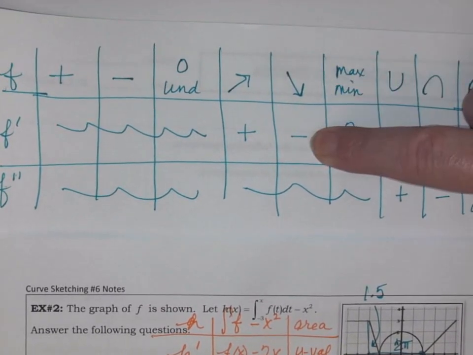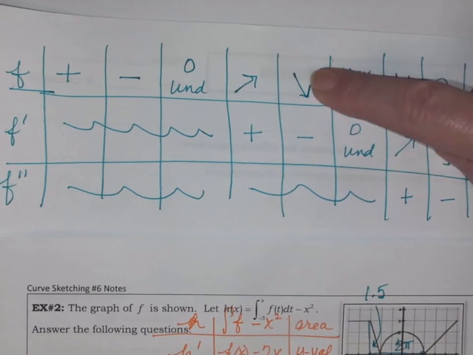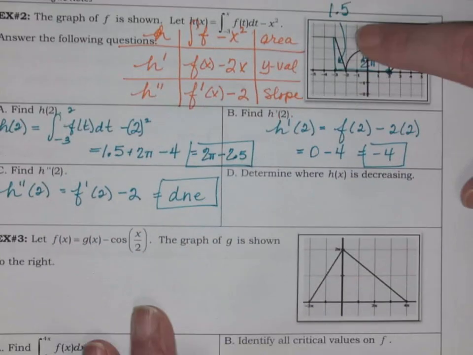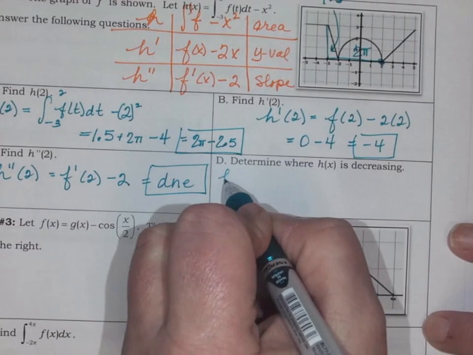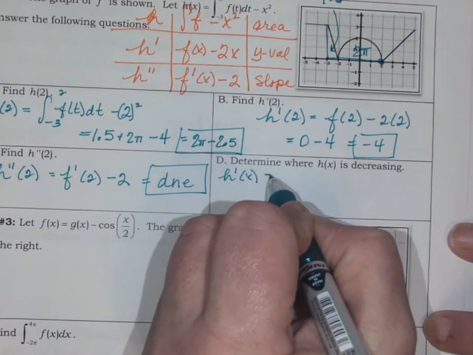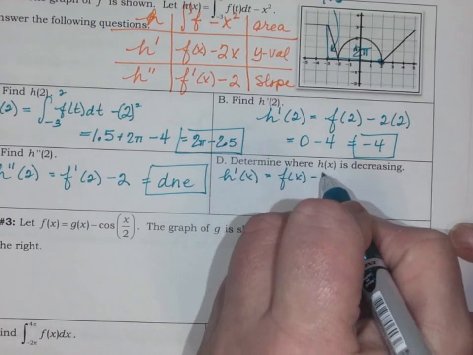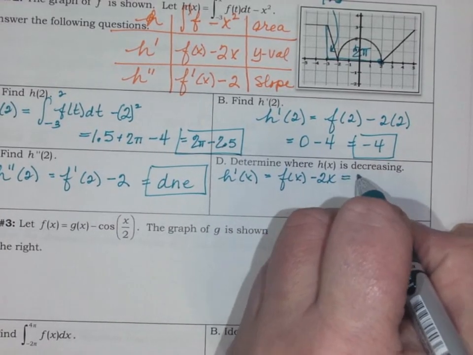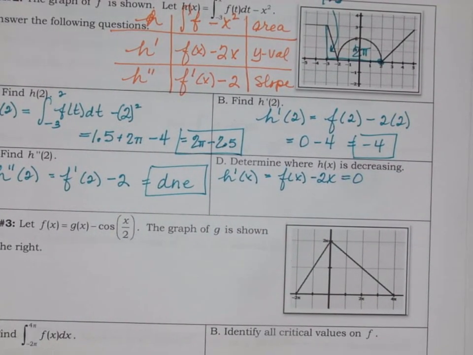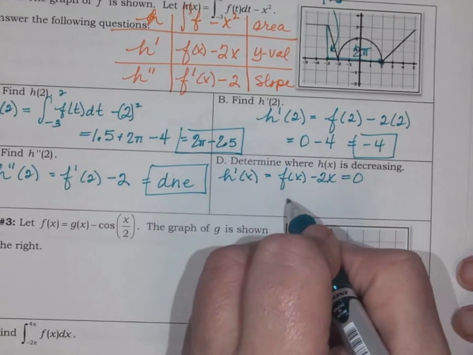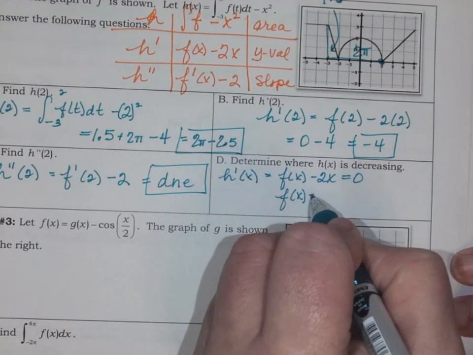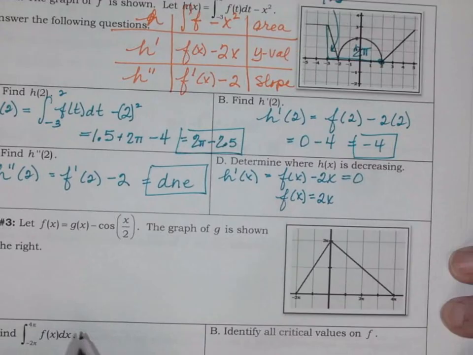If I pull up my fun chart, when I want my function to be decreasing, I want my derivative to be negative. Okay, so decreasing means my derivative is negative. So I want h prime of x, which happens to be f of x minus 2x. I want to know where that's 0, so I can build a chart. So that's where f of x is equal to 2x.